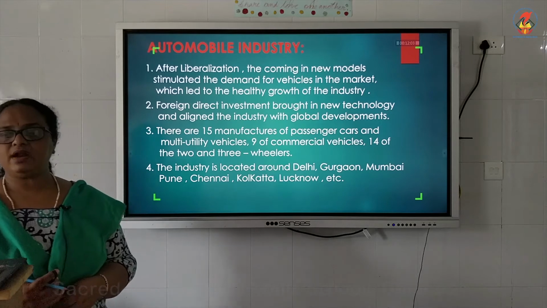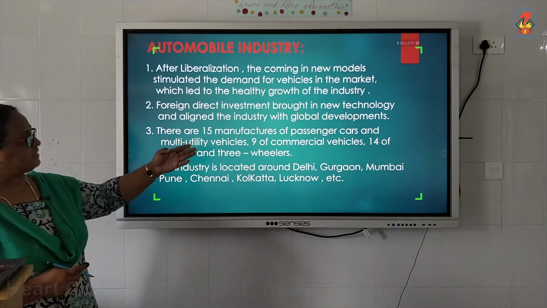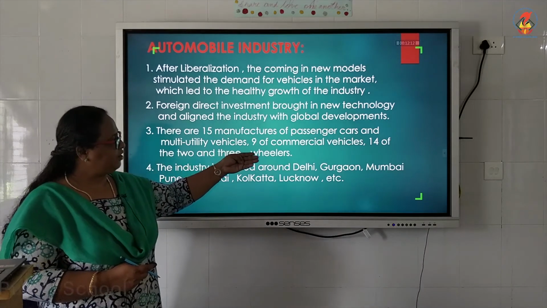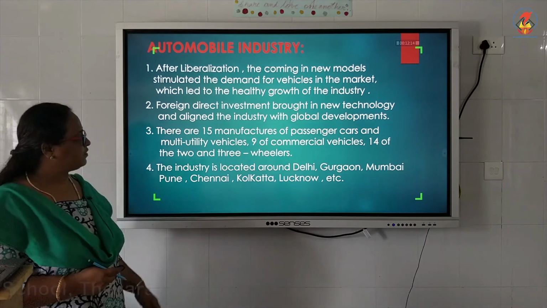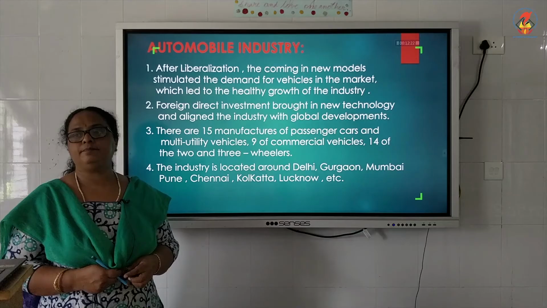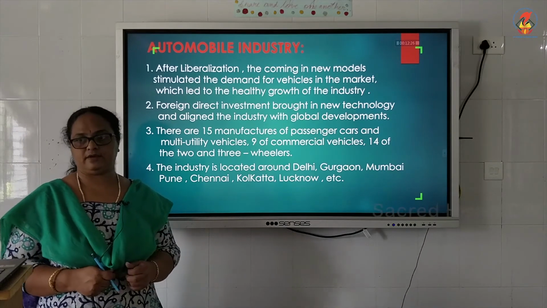Then we have around 15 manufacturers of passenger cars and multi-utility vehicles, 9 of commercial vehicles, and 14 of 2 and 3 wheelers. So we have many automobile manufacturing units available in India.